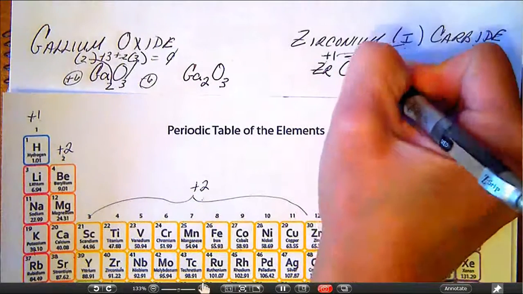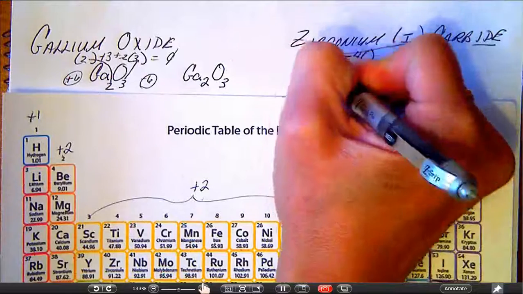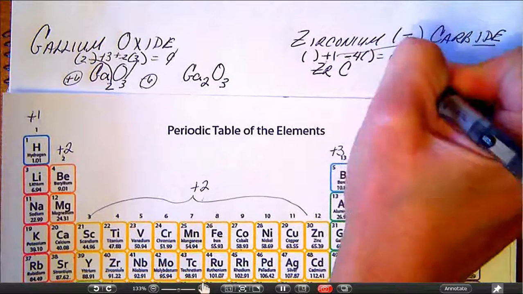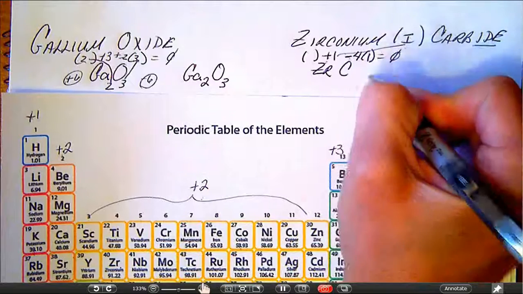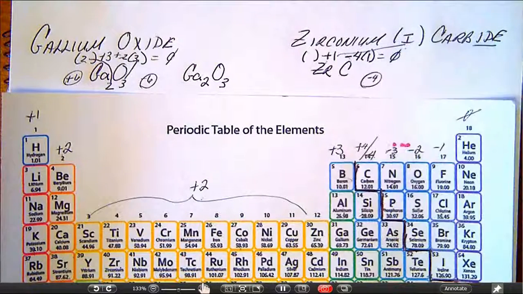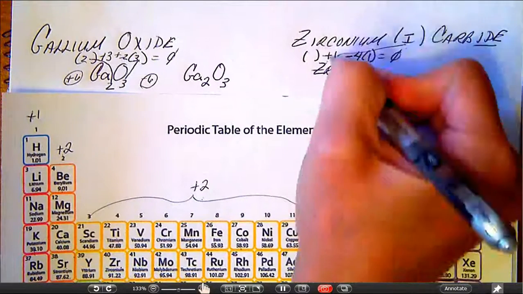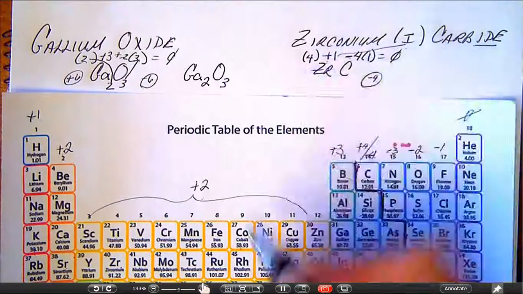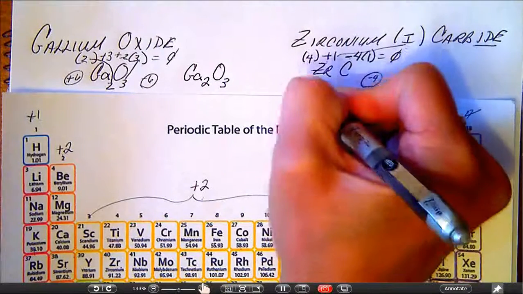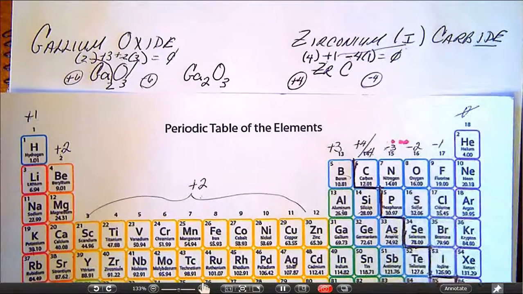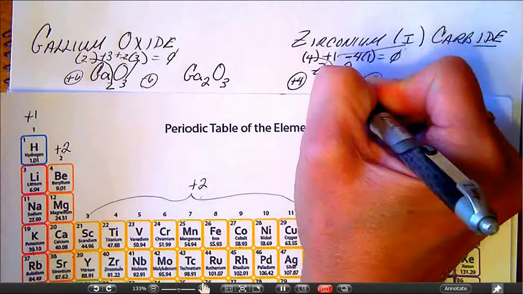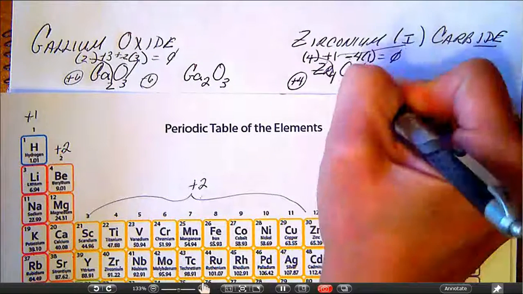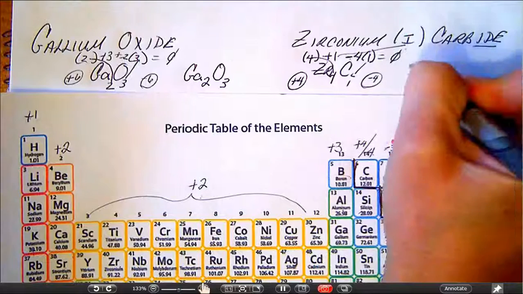Again, we've got to do some math so that we get 0. -4 times 1. It's going to give us -4 on that side. 1 times 4 will give us +4 on that side. So we're going to cancel out, move those numbers down, write it nice and clear.